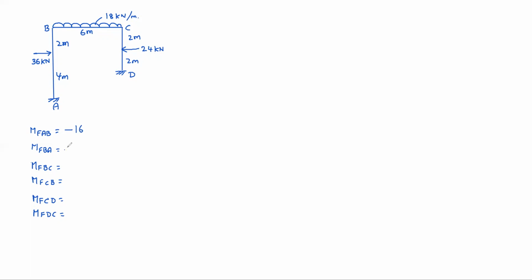Then MFBA is 36 into 4 square into 2 by 36, that is 32. Then 18 into 6 square by 12 is 54, so minus 54 and 54. This one by L, so minus 12 plus 12. These are the fixed moments.